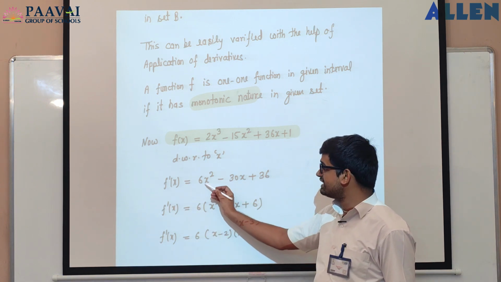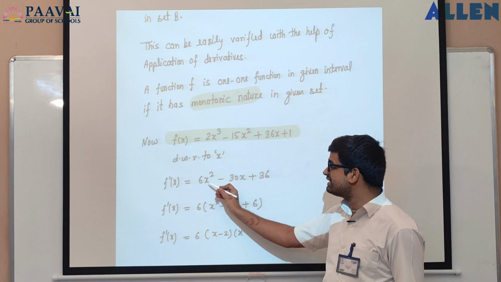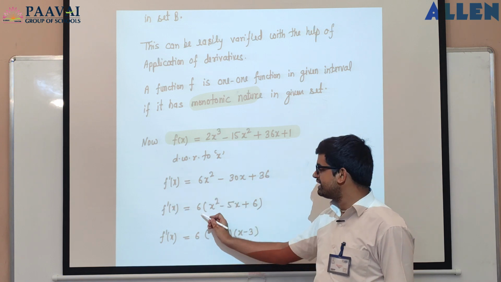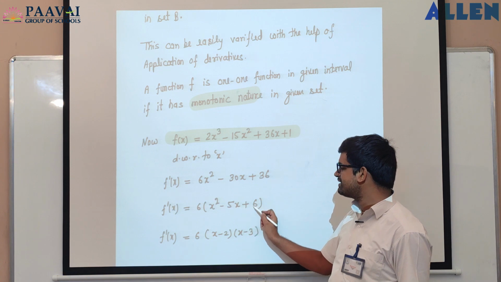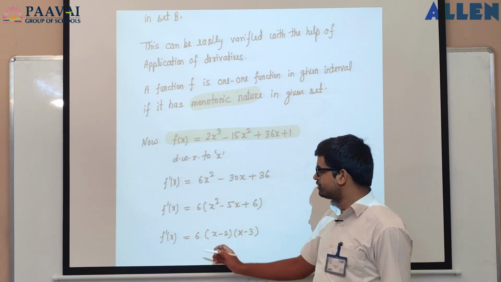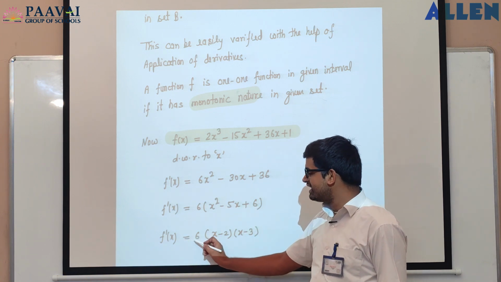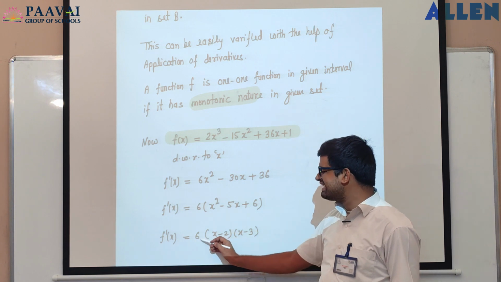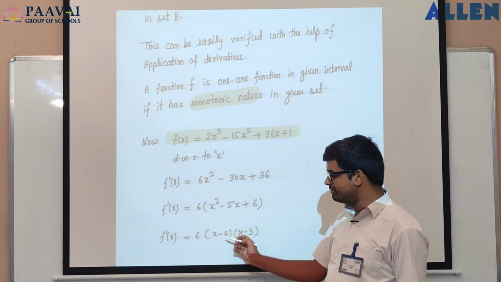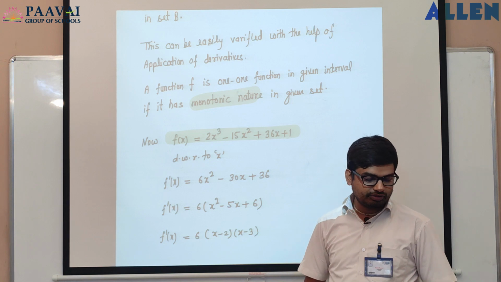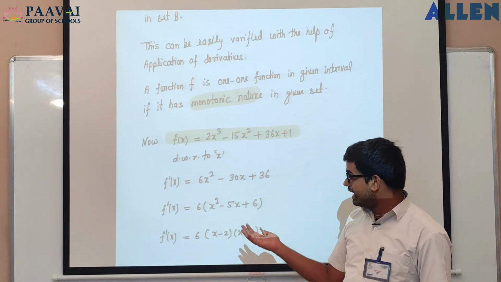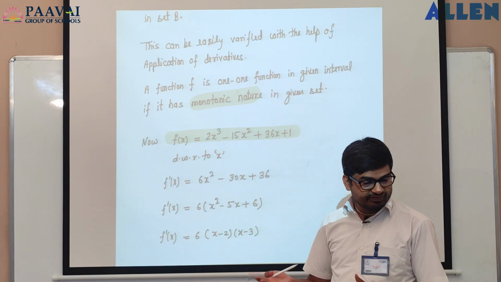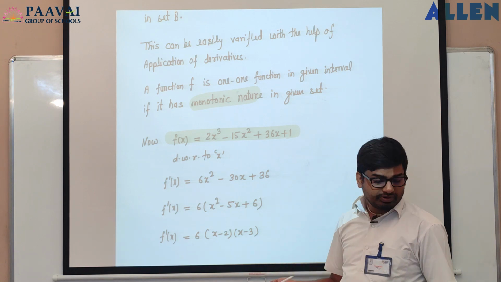As you can see, 6 is common in these three terms, so taking 6 common, it would be x² − 5x + 6. In factorized form, f'(x) can be written as 6(x − 2)(x − 3). Now we will see how the f'(x) value varies with respect to x.